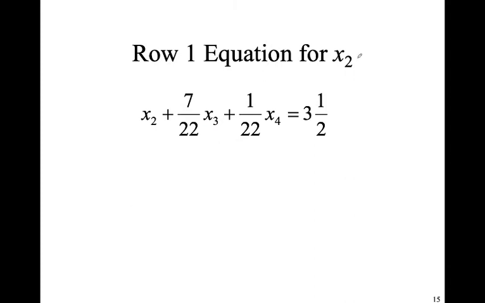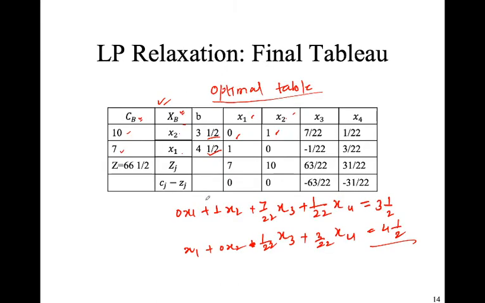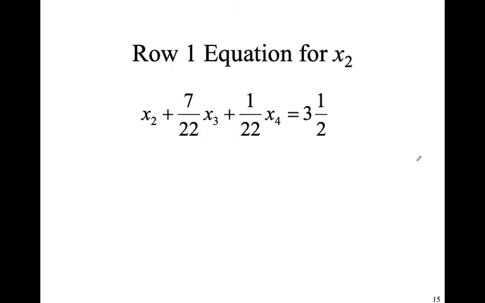So this equation is written corresponding to the first one I showed you here: 0 x1, so this has been removed, x2 plus 7 divided by 22 x3 plus 1 divided by 22 x4 equals 3.5.